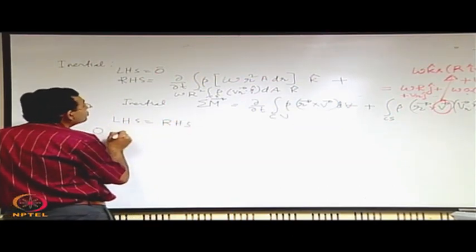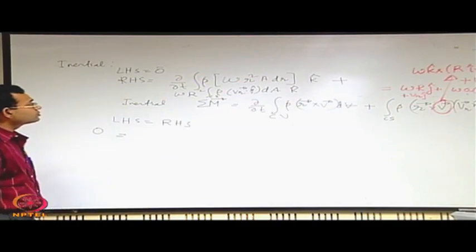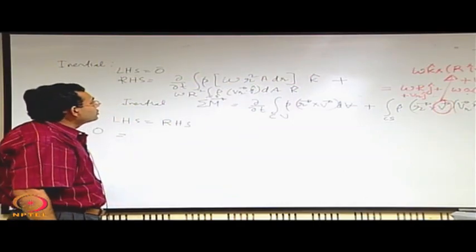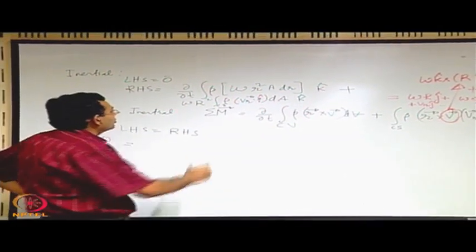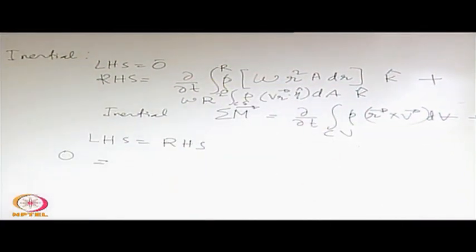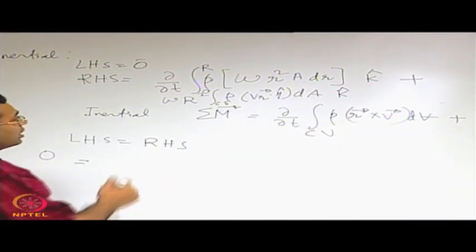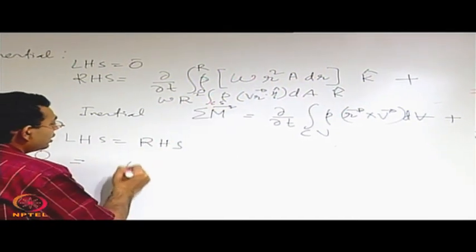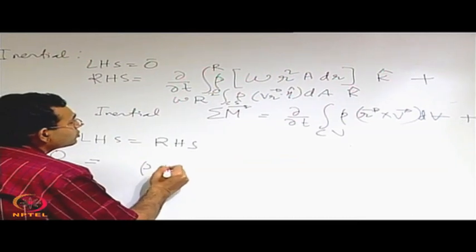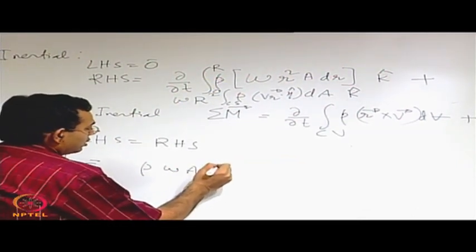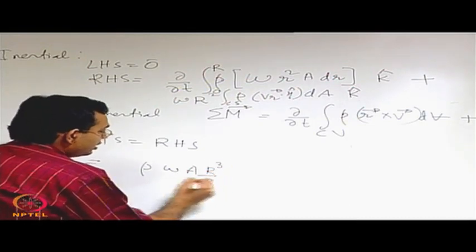So, 0 equal to, now you see first of all we integrate with respect to position. When you integrate with respect to position, it is from 0 to capital R. So first let us complete the integral. The integral will be rho a omega capital R cube by 3.